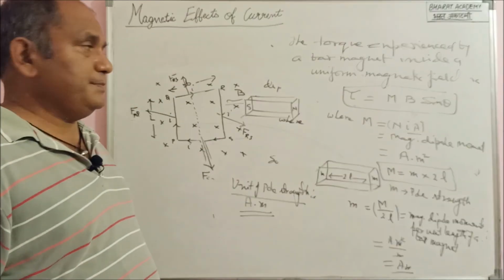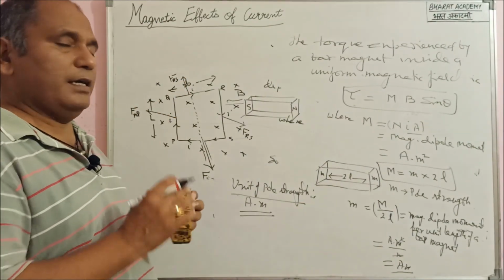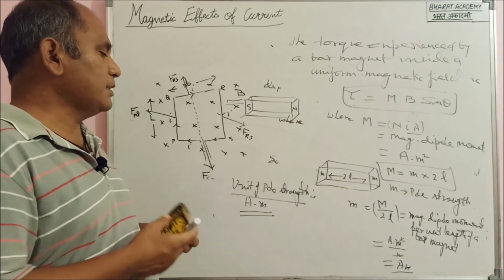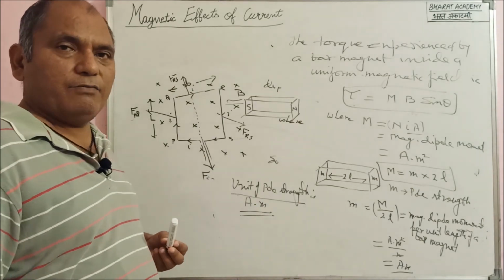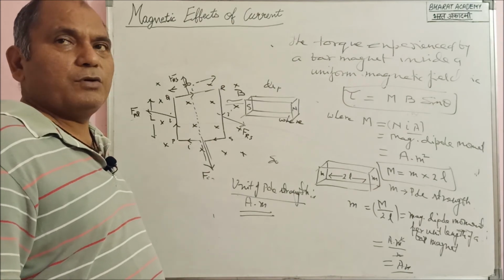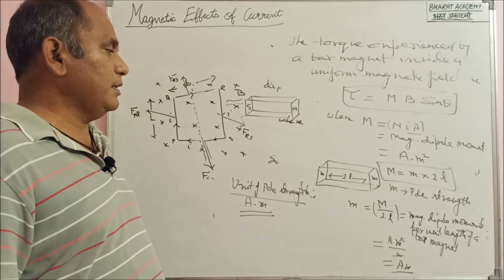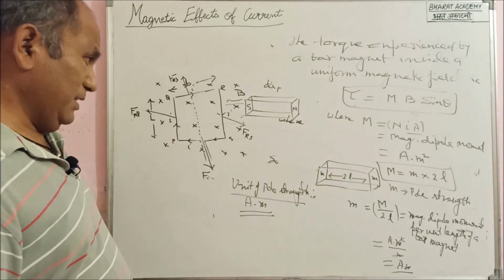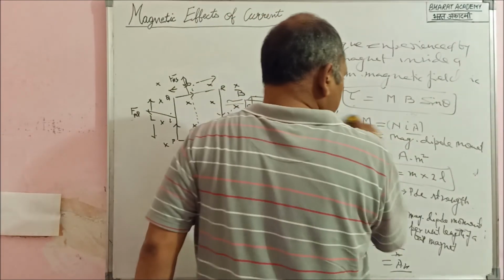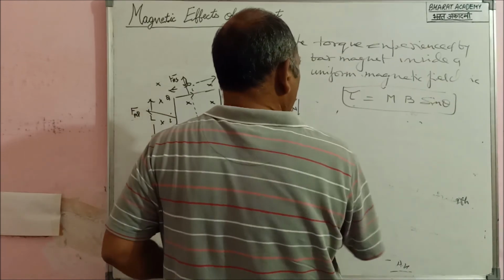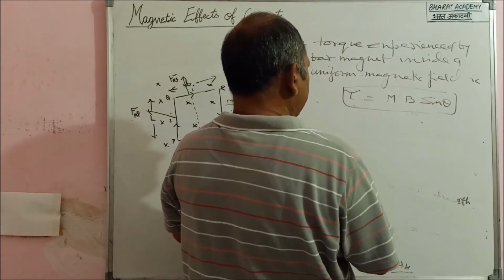That's how we define. Means current carrying rectangular loop is just like a bar magnet placed inside a uniform magnetic field, and it experiences a torque tau equal to M B sin theta, right? And so far as the magnetic dipole moment, its definition is concerned, we can define it by using this formula: tau is equal to M B sin theta.